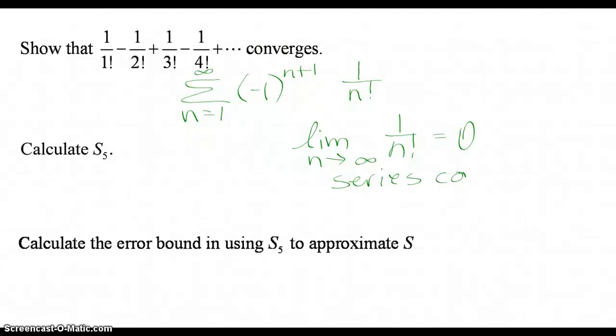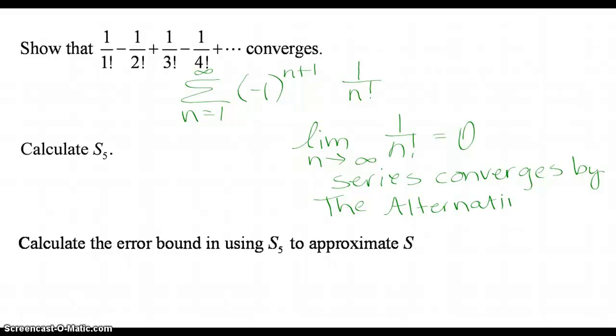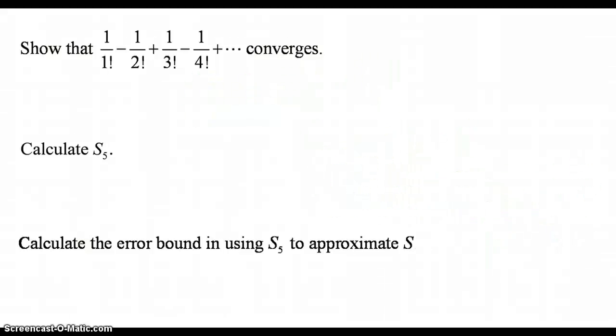This series converges by the alternating series test. So after the last lesson, that's not an issue for us. We can find where these alternating series converge or diverge. We could even talk to them about conditional and absolute convergence.